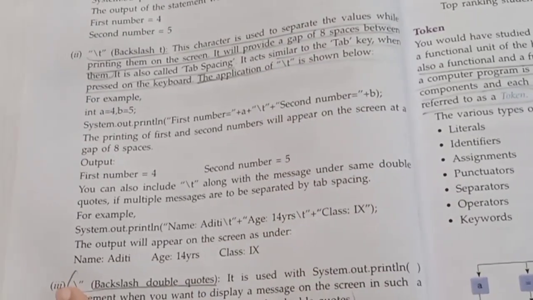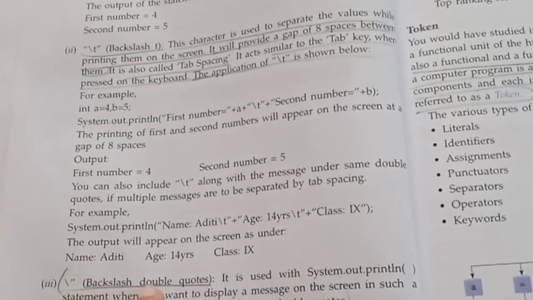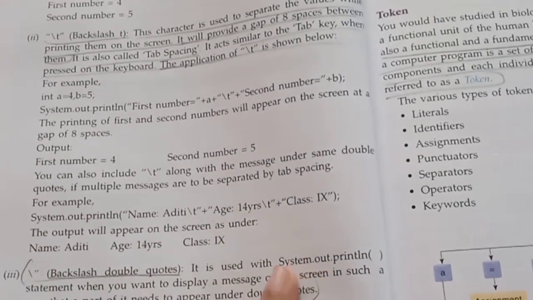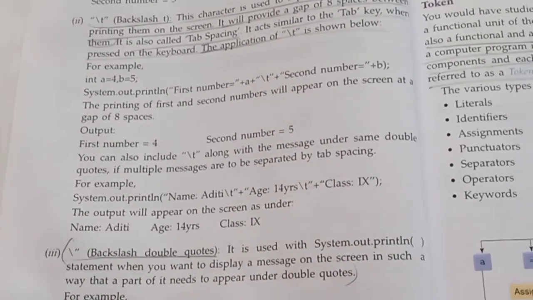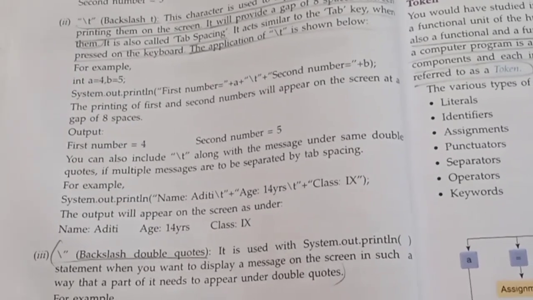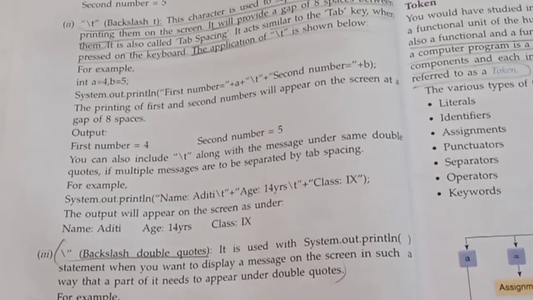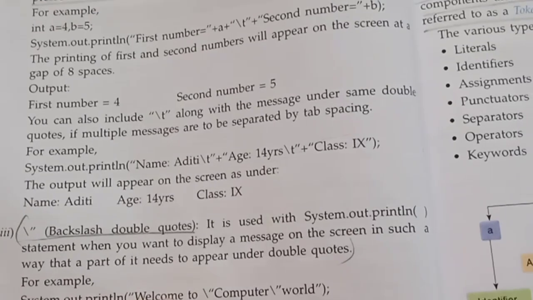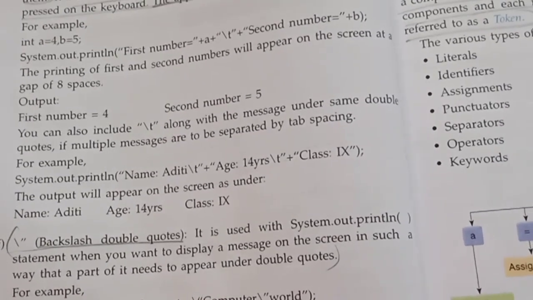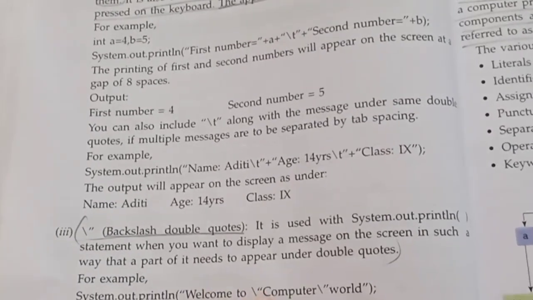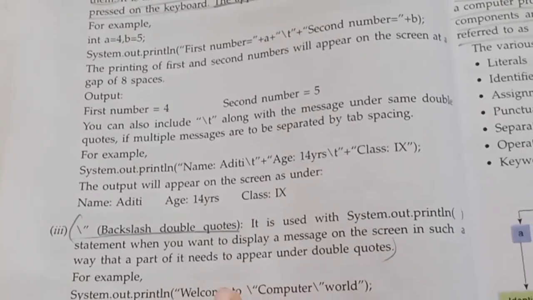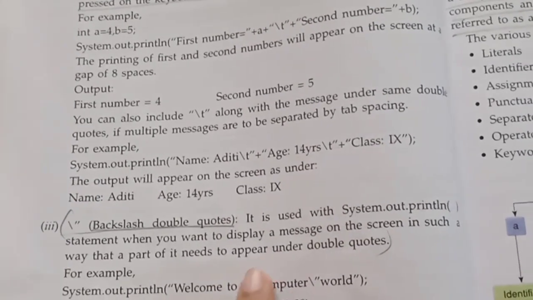Then comes \double quotes. It is used with system.out.print like this, like welcome to \computer\. So this welcome to will be printed, and after that when we are using these two symbols, it basically means that the word computer will come inside double inverted commas.